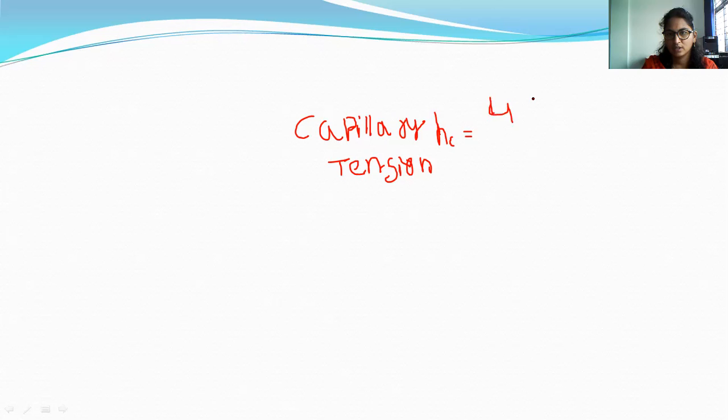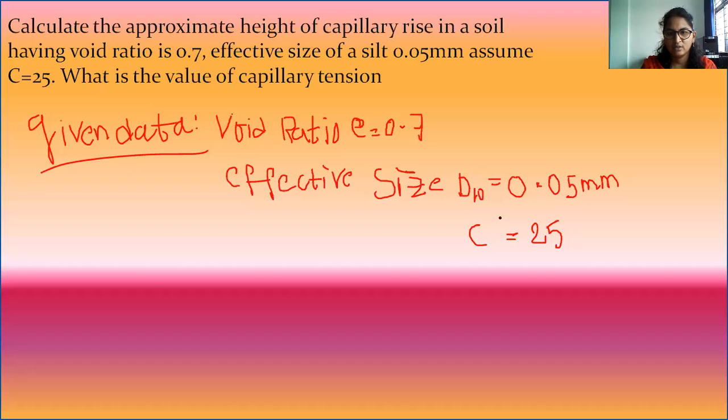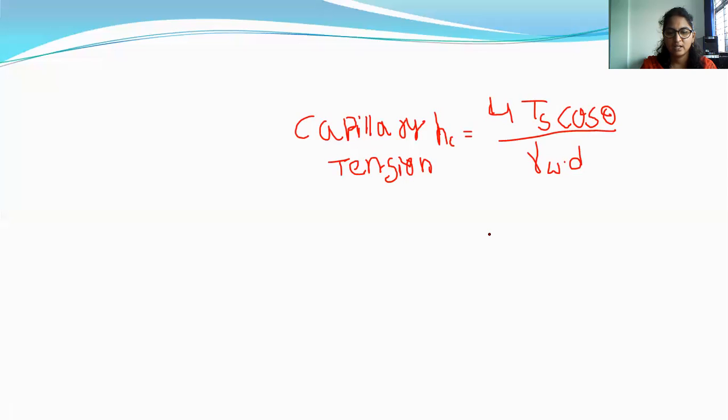Here the unit weight of water we already know is 9.81, but the d value is not given. How do we find the remaining T value, d value and theta value?